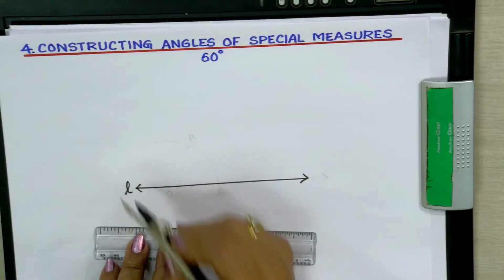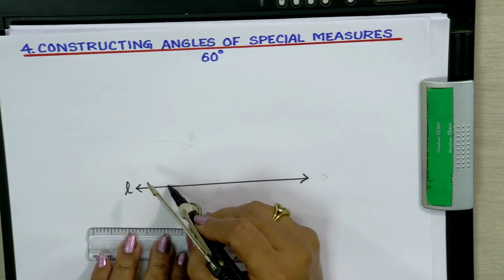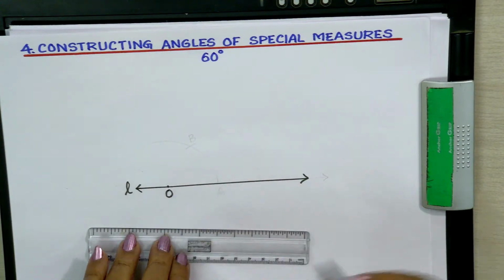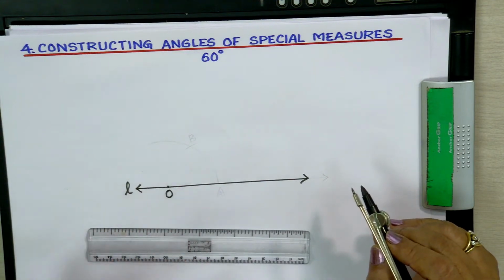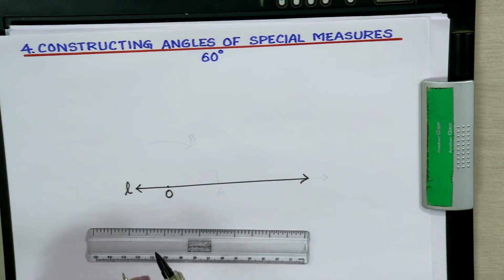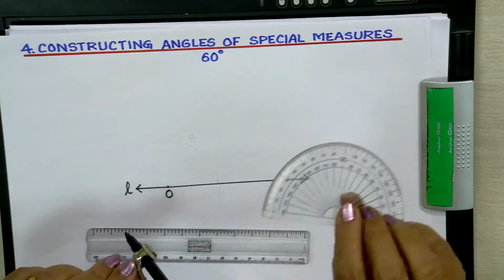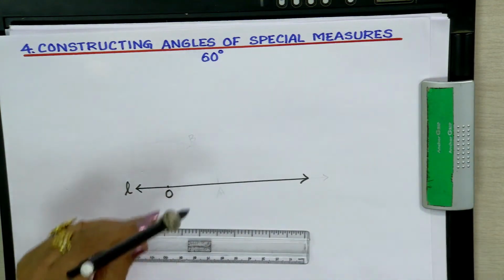This is the line L here, and let me take a point O. Now I have to construct an angle of 60 degrees. Mind it, I am not using a protractor here. What will we do?